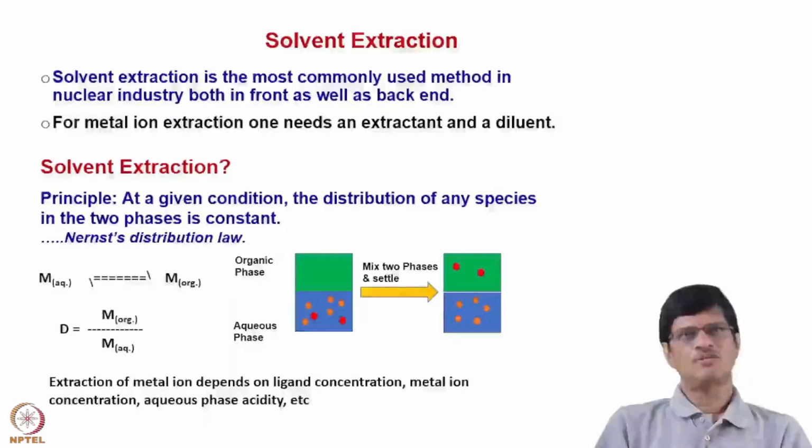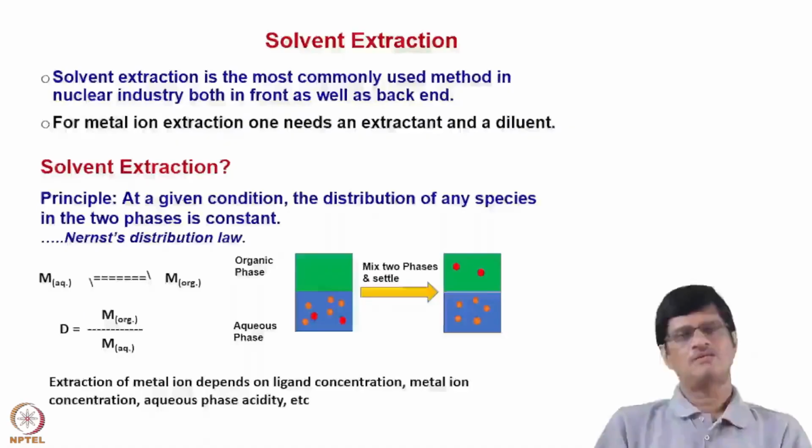They follow the Nernst distribution law, where we have the distribution ratio, which is defined as the concentration of the metal ion in the organic phase over the concentration of the metal ion in the aqueous phase. The metal ion in the aqueous phase exists in a variety of species, including the free metal ion and the complex metal ions with the medium of the aqueous phase. That is, in the nitric acid medium, you have the nitrate complexes of the metal ion.